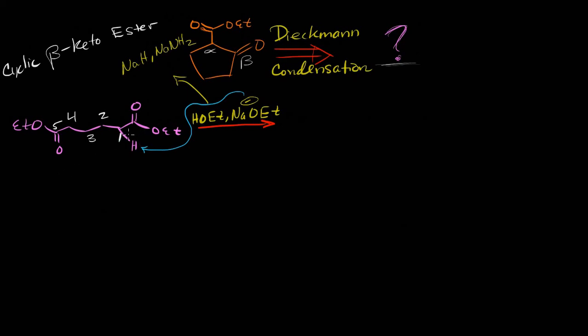When it does that, those electrons will flop down to create a new pi bond, and when it does that, it has to break the carbonyl's pi bond, just like that. And so we're going to keep everything we didn't affect the same on the left. Just like this.